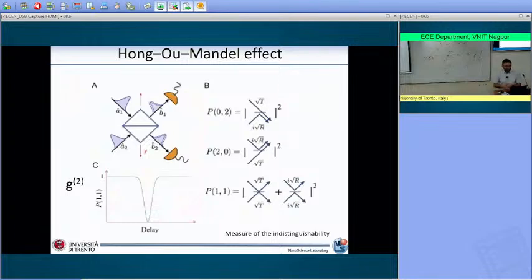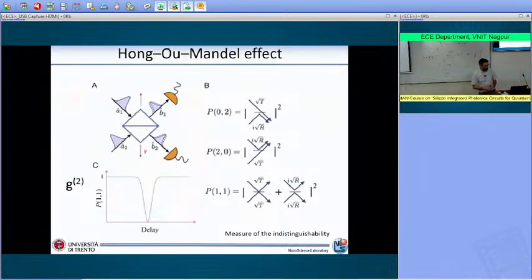How can we measure whether the two photons are indistinguishable or not? The kind of experiment that we can do is called the Hong-Ou-Mandel measurement, or Hong-Ou-Mandel effect. This is a quite standard experiment, based only on the properties of a beam splitter, that allows us to determine whether the two photons can be distinguished or not.